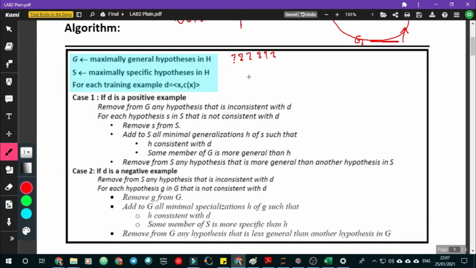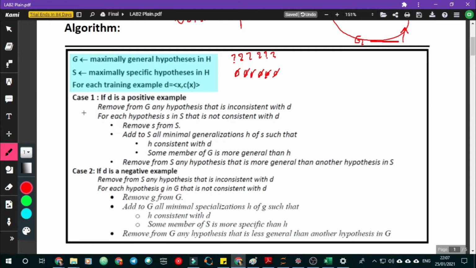The dimension of the general hypothesis and the dimension of the specific hypothesis. And S is the maximally specific hypothesis, that is null. We all know this from before: depending on the number of attributes, that many null values.